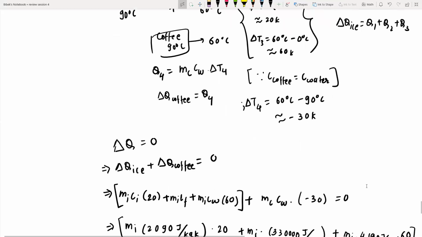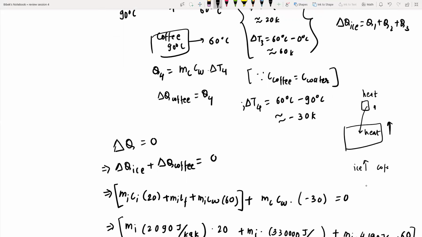Yeah, it's the conservation of energy. Your ice has some heat, lesser heat, but it has some heat, right? And your coffee also had some heat, more compared to the ice. But as soon as you drop your ice into the coffee, your ice gained heat and your coffee lost heat.